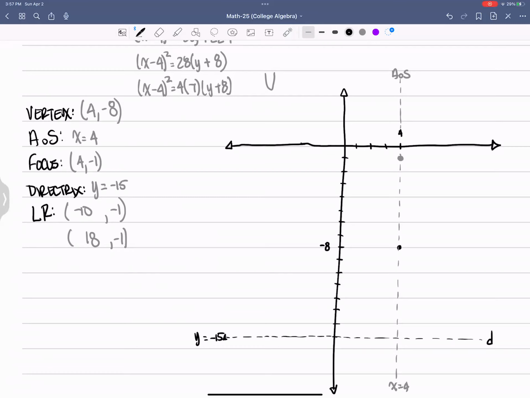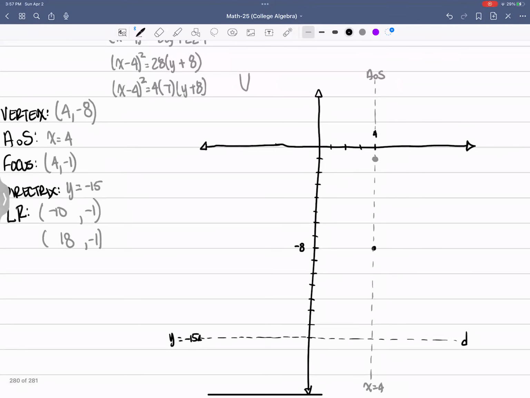Latus rectum coming down, left to negative 10. Going to need a little bit more space. So 1, 2, 3, 4, 5, 6, 7, 8, 9, 10. So negative 10, going down negative 1 unit.